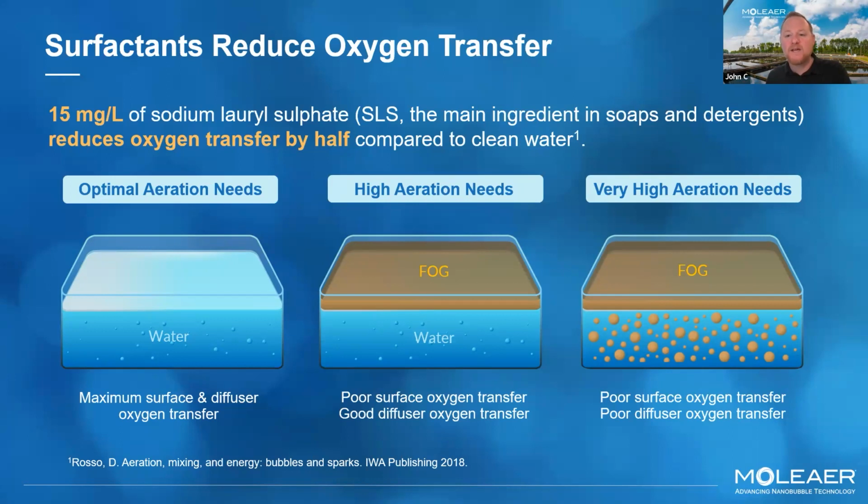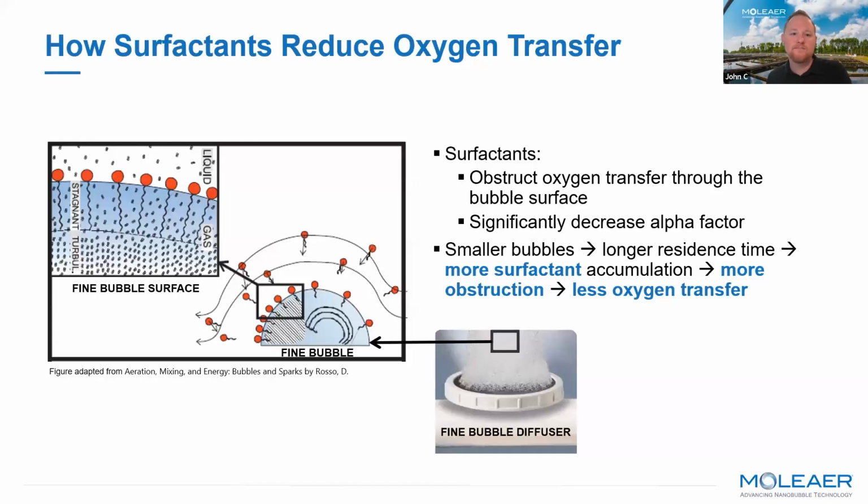But what represents our wastewater, and much closer, is the visual on the right-hand side. This shows that there's an accumulation over the surface, as well as those stable emulsions that we saw in that surfactant oil water triangle. In this situation, there is no surface transfer. And if we add a floor diffuser, we're still going to impede oxygen transfer. And we're going to show that in the next slide.